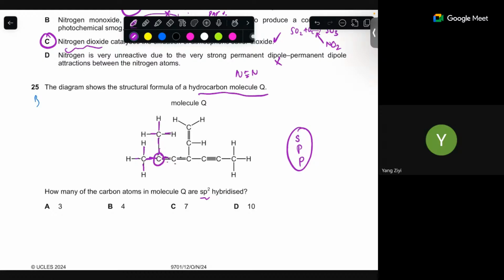1, 2, not counted. 1, 2, 3, counted. 1, 2, 3, counted. 1, 2, not counted. 1, 2, 3, 4, not counted. So if you look over here, the one that is going to be sp2, did I miss anyone?